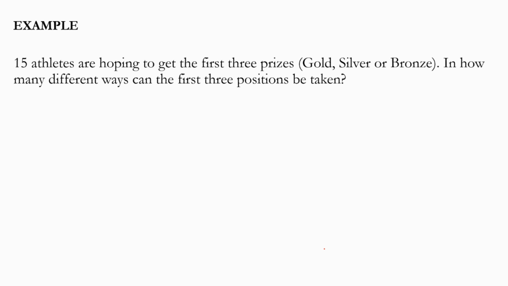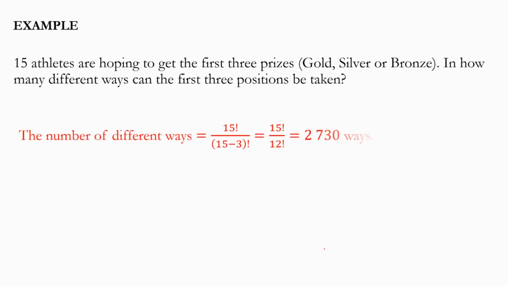We say 15 factorial, which is N factorial, divided by 15 minus 3 factorial, isn't it? And then we get that it is 2,730 ways. Remember rule number 3: N factorial divided by N minus R factorial. That is rule number 3 there.